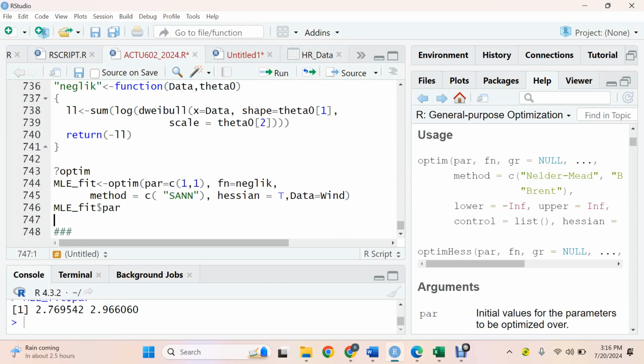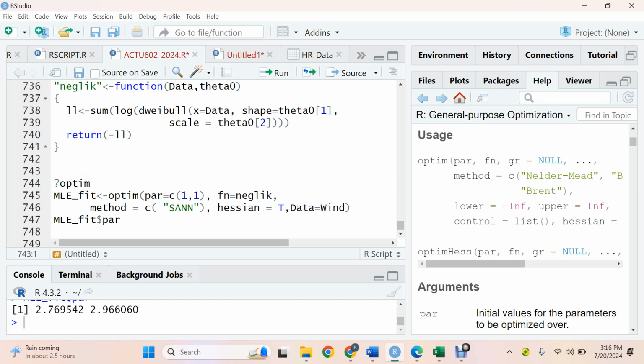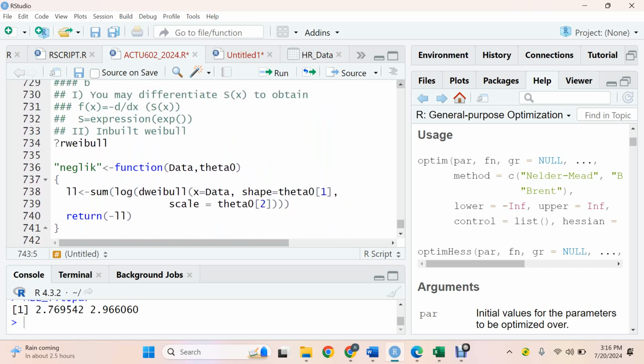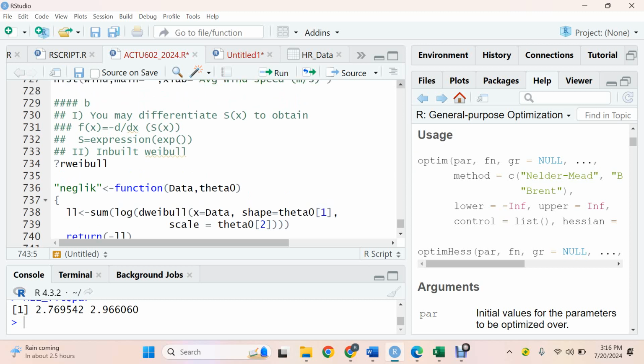I can go to this place. This is D, right, or C? Okay. A, B. B is the likelihood.